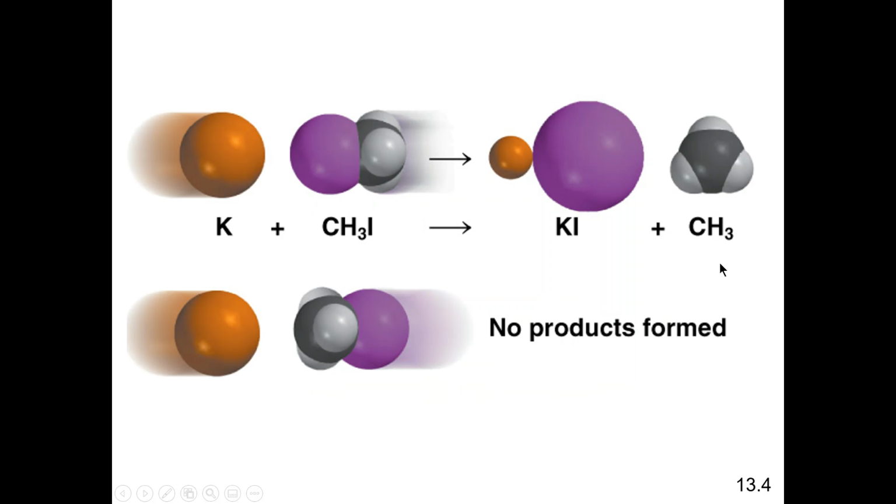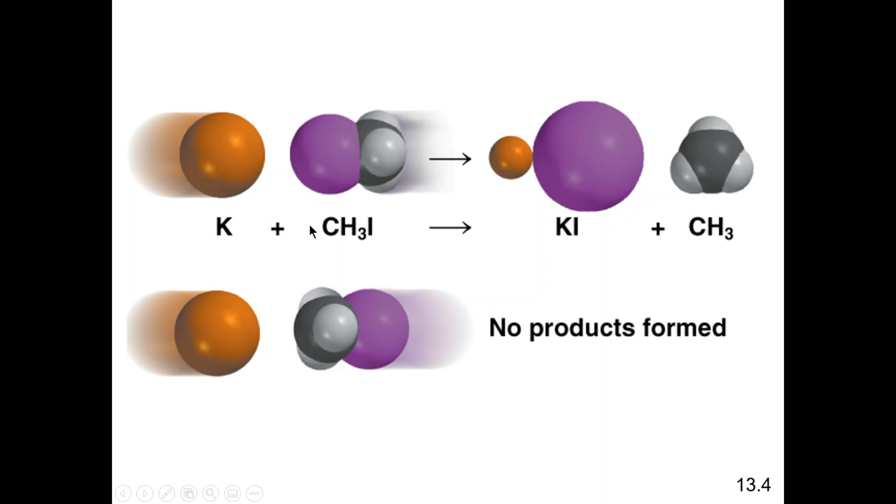This is showing you an example of a reaction between potassium and a compound known as iodomethane. It underscores what I was talking about earlier with respect to the molecules being oriented correctly so that a reaction can take place. As you can see here, the potassium atom is coming into close proximity to the methyl iodide.